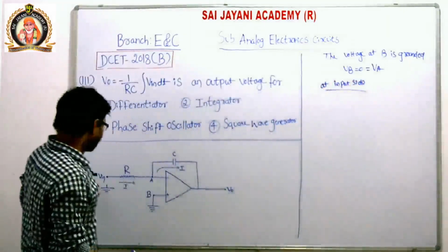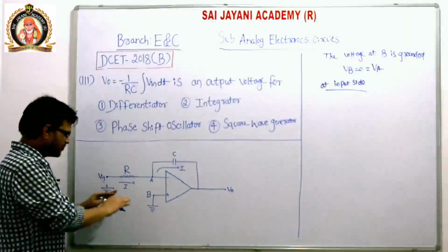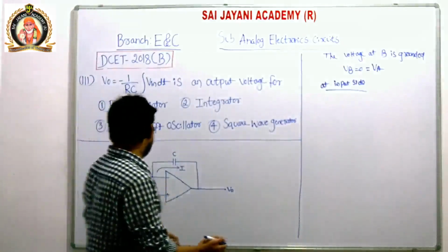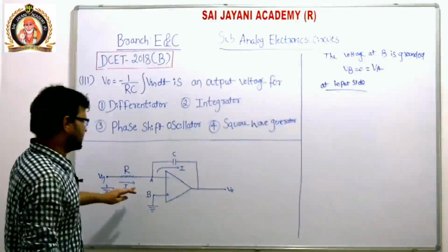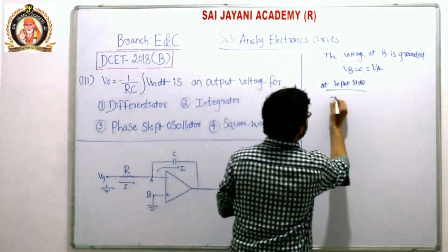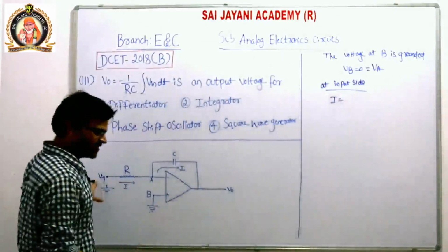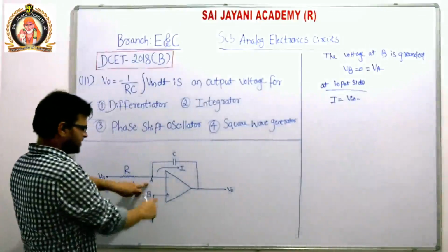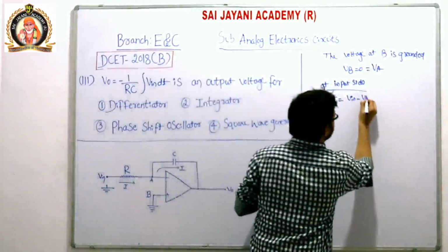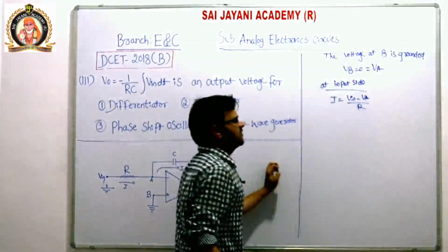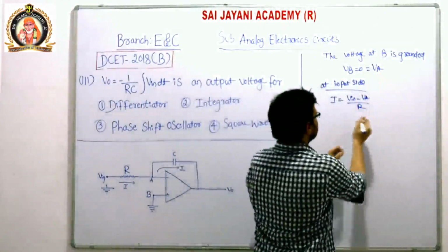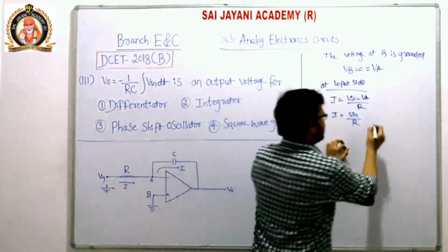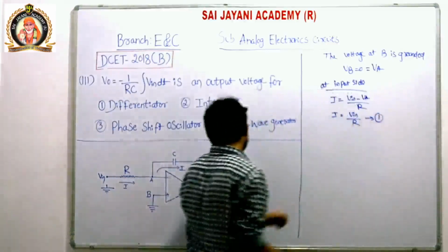The current which is coming from the input side flows through the resistor, and this current equation can be solved like this: I is equal to V in, the voltage at the source side, minus the voltage at node A, divided by R. Because we know that VA is equal to 0, we get I is equal to V in by R. Call this equation 1.